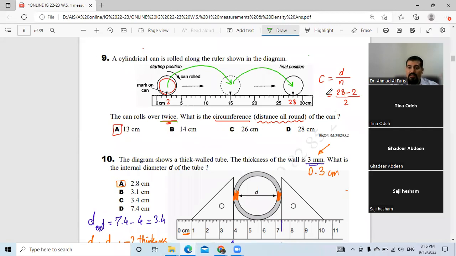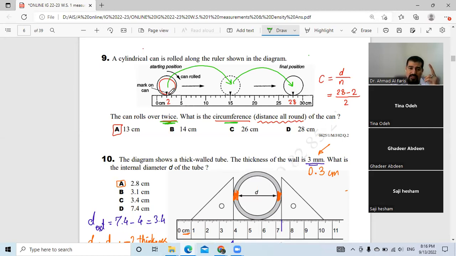Tamam? So the distance from 2 centimeters to 28 centimeters is the distance for how many rolls? Twice. They ask for the circumference, not twice the distance. They ask for one distance, one round. So it rolls once here. The mark on the can was here, then it was here the first time, then from here to here the second time.